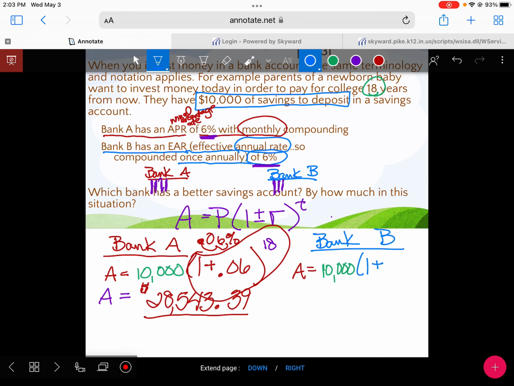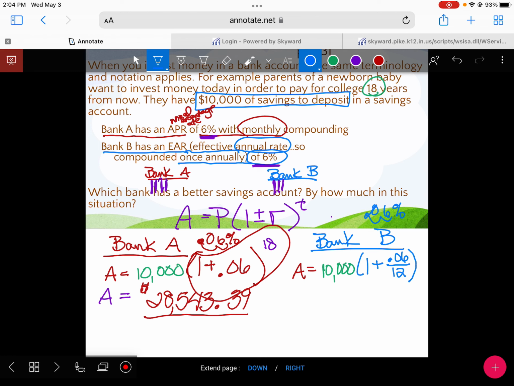How would I represent this growth rate? What percent is it again? 6%, which is still 2 places to the left. So that's 0.06, but it's being compounded monthly. So we're going to spread it out over the 12 months of the year.